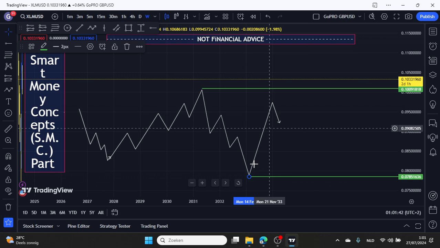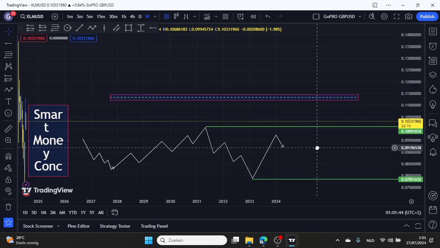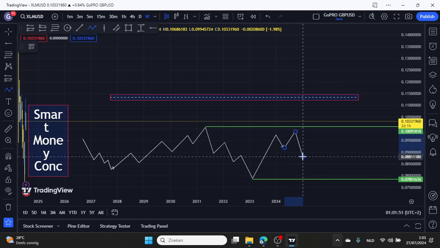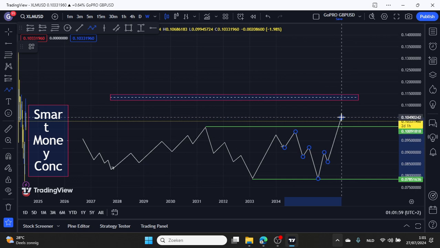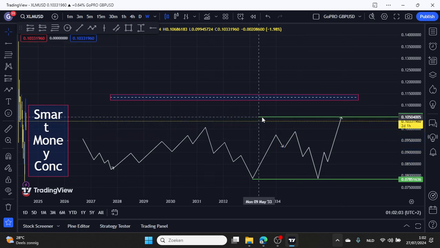As long as price trades in between the range, price can do this, set a new low, come back here, touch the range, shoot back up, break the range, and that's where our range changes.